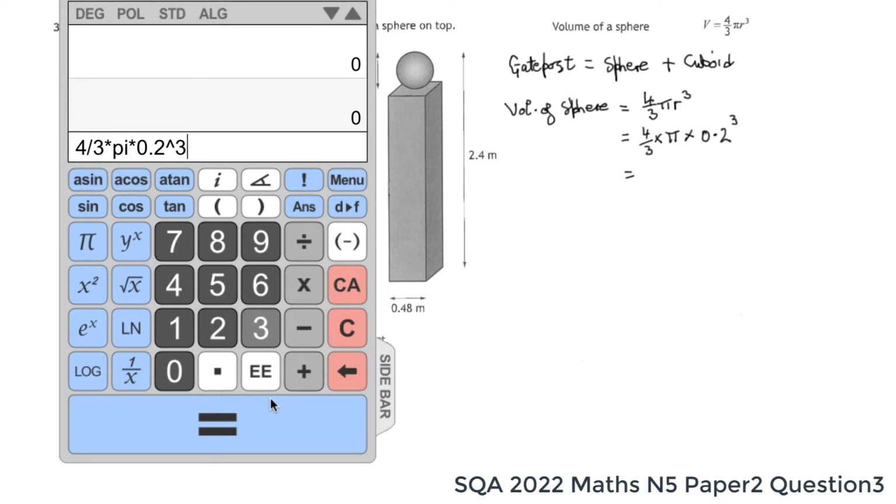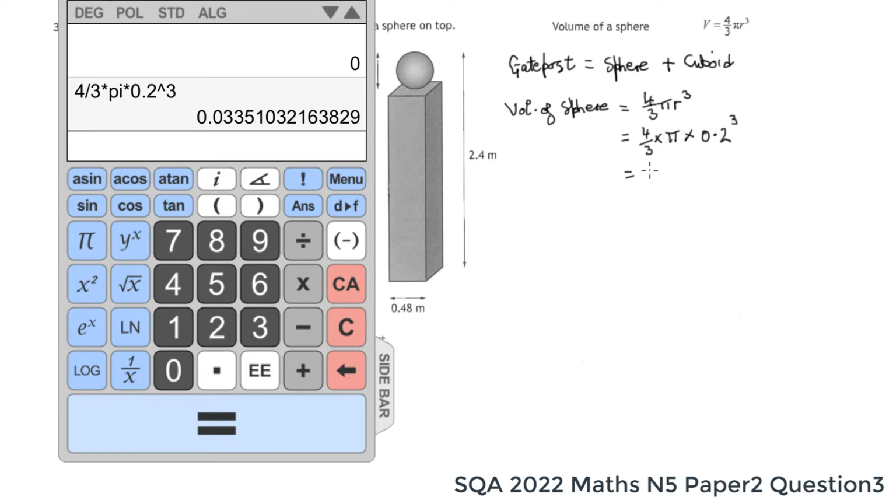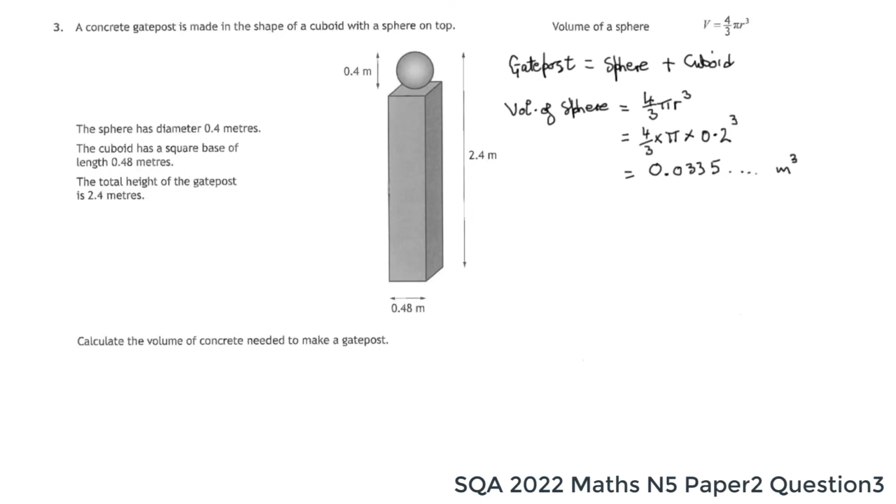But know your own calculator, know how to do that in your own calculator. So there's the calculation, and there's the final answer. Now, approximations will wait till the end. We know it's roughly 0.0335 and so on, and that's cubic metres. Rounding of answers we'll do at the end. So that's the volume of the sphere.